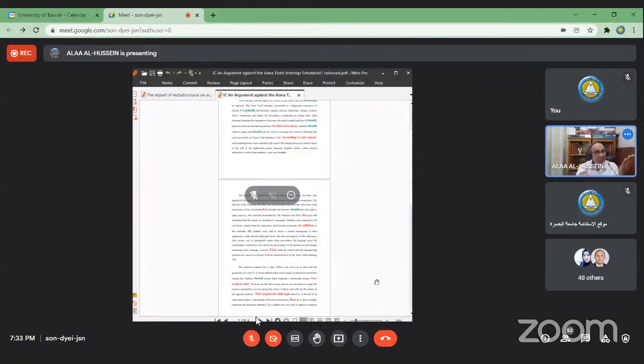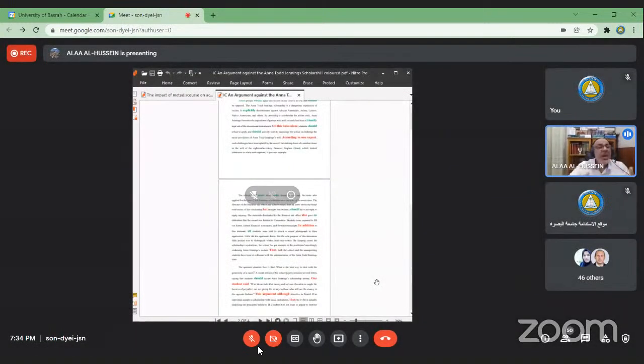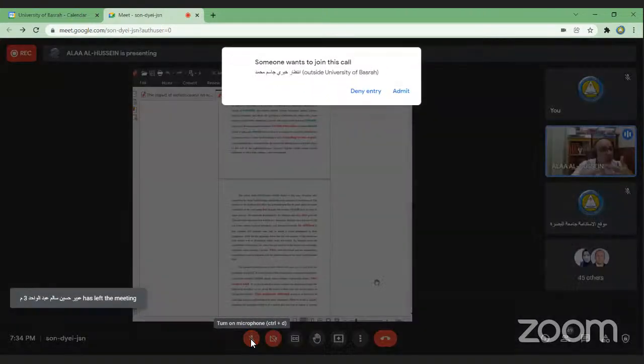We have meta discourse, which is not proposition, and we have proposition, which is not meta discourse. But meta discourse markers are used here to help the reader understand the relations between these sentences, between these ideas, to guide them, to facilitate the process of comprehension for the readers, to help the readers understand better these relations, to make this text more coherent, more cohesive, tied well.